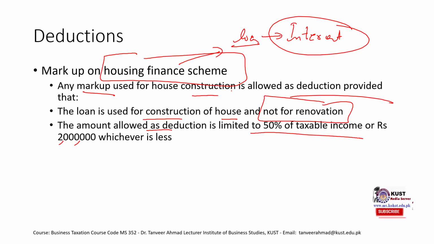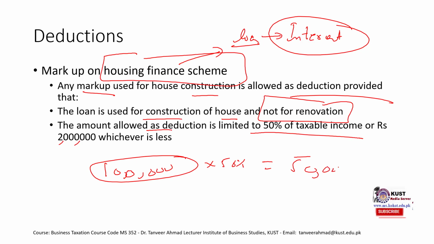So there is a limitation, as we saw in the previous slide of donation. There is a limit in case of deduction of interest. So let's just say our taxable income is 1 lakh rupees, then 50% of this taxable income would be 50,000 rupees.